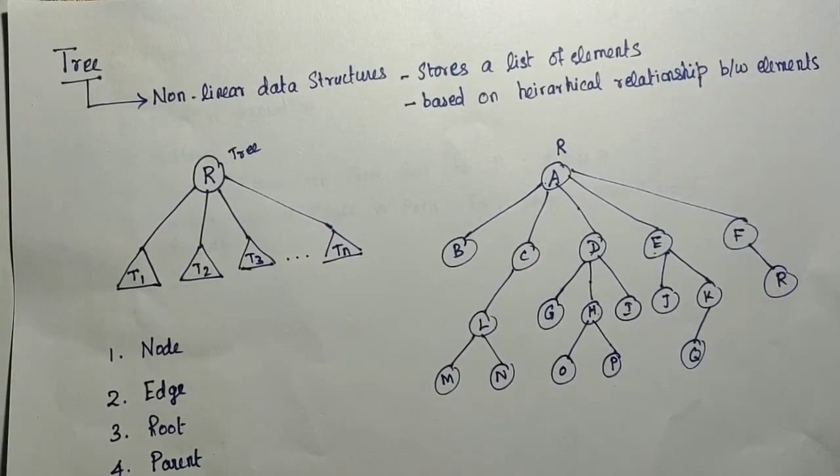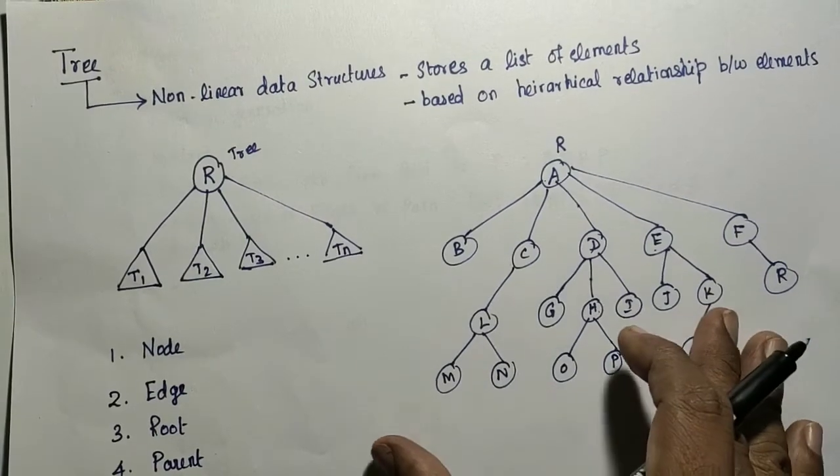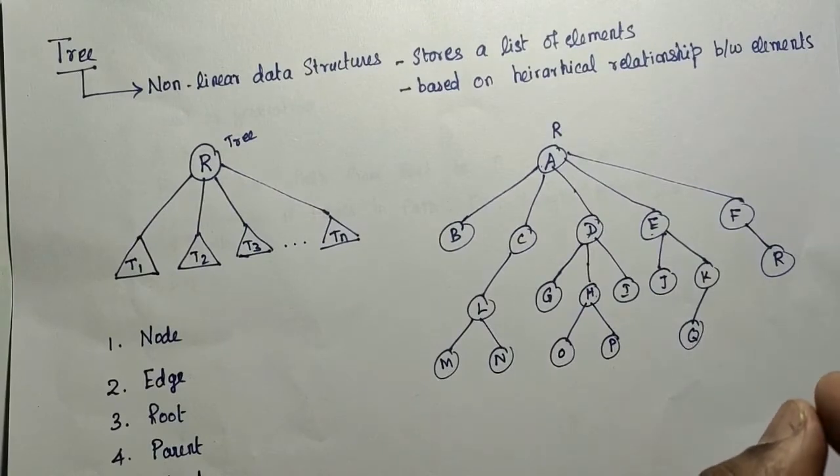Simply the number of edges needed to reach the root from that node. Actually, we cannot reach the root from the particular node, so we change the definition: from the root to reach that particular node, how many edges you need. So that is the depth of the node.